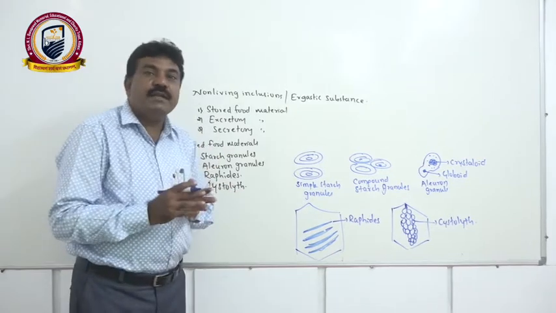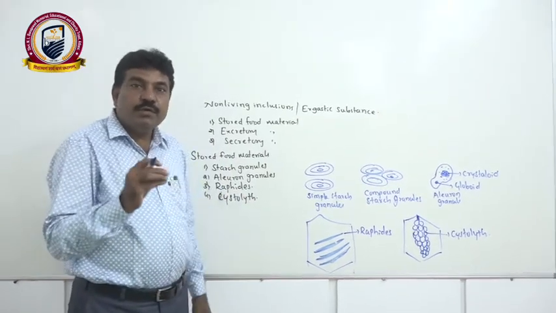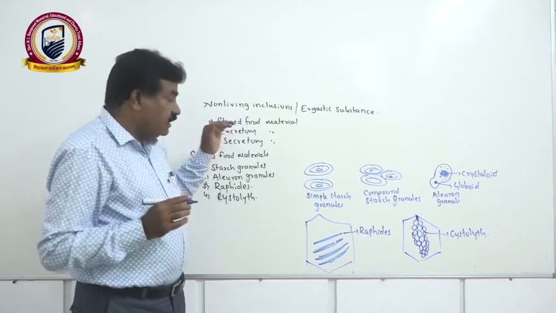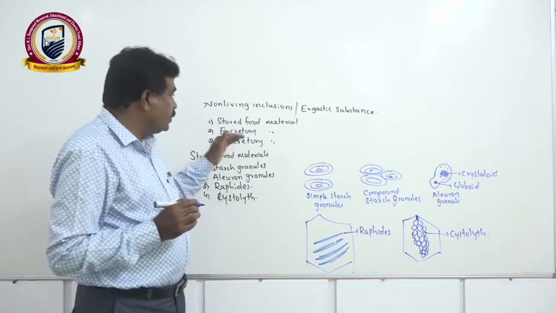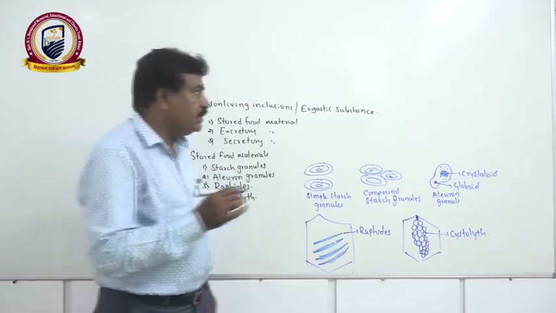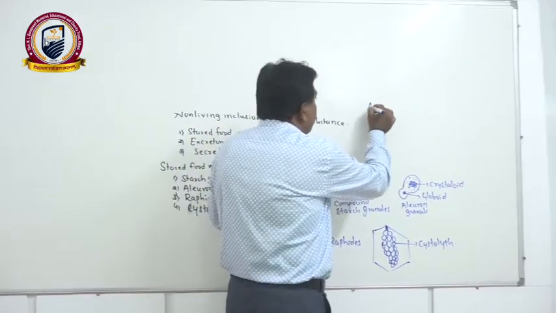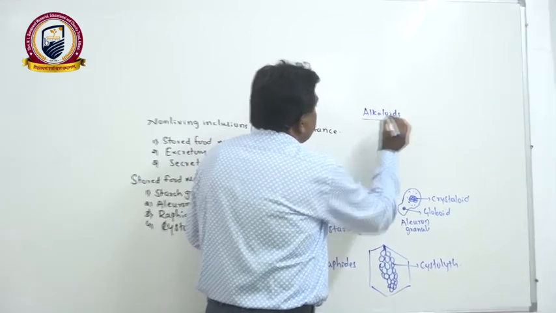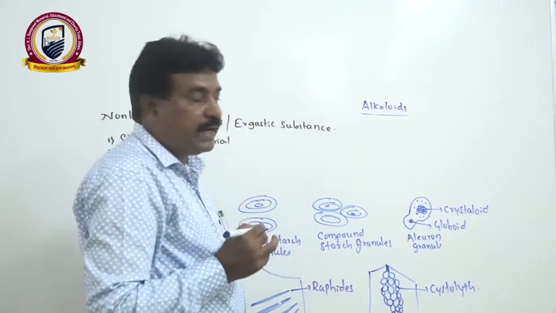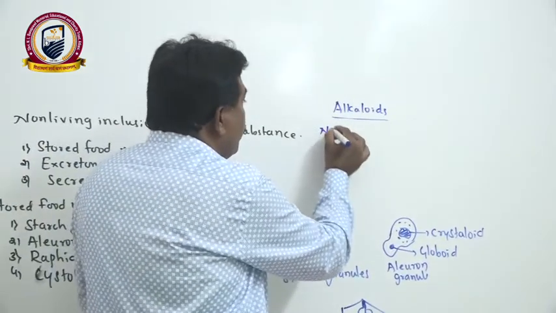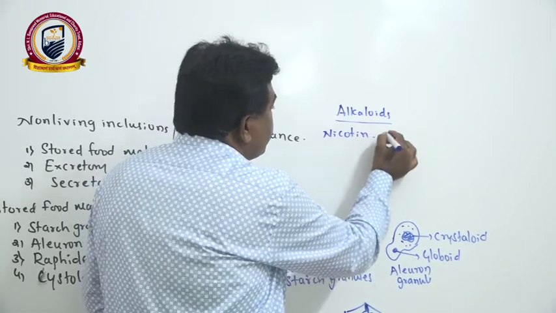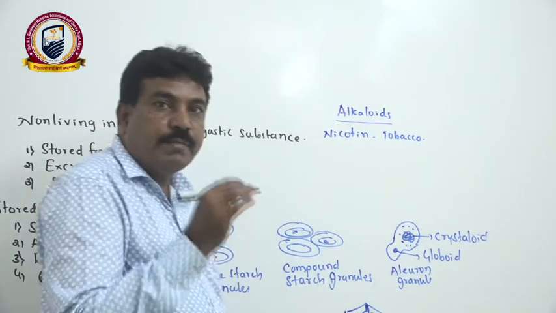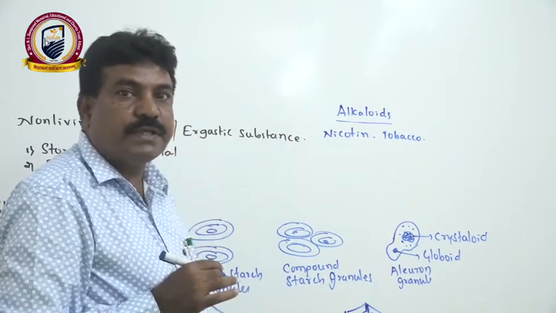Then excretory material is waste material removed by a plant through its dead leaves and bark. There are plenty of excretory materials in nature. They are alkaloid in nature, and these alkaloids have some commercial importance in our common practice. For example, nicotine, present in tobacco, is a mild stimulant as well as depressant.